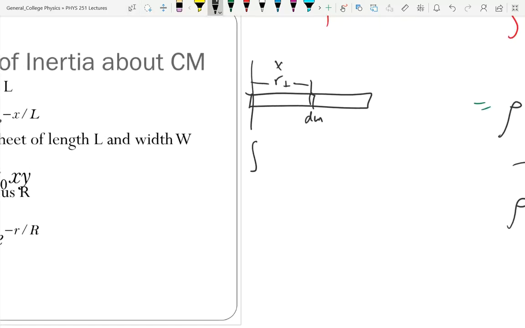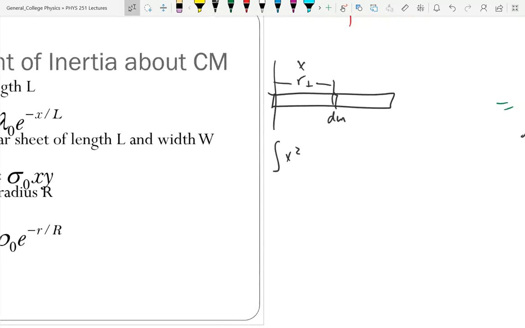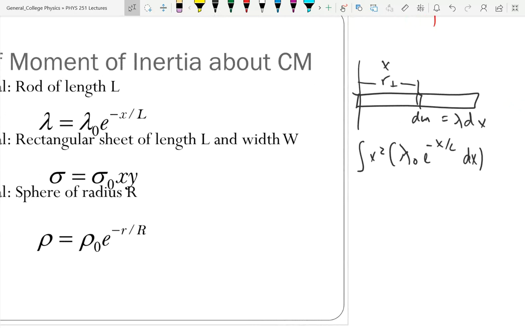And so I have the integral of x squared, r perpendicular squared, times dm, which is going to be lambda 0 e to the minus x over L dx, which is the lambda value.